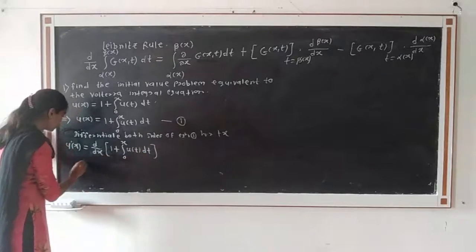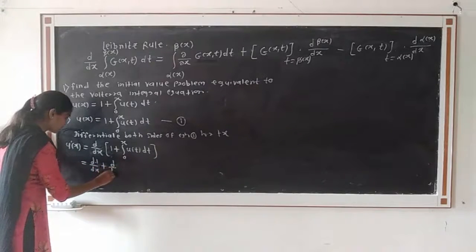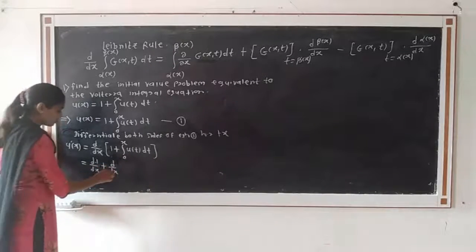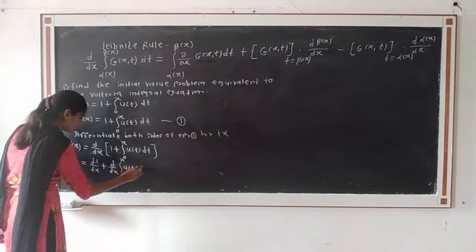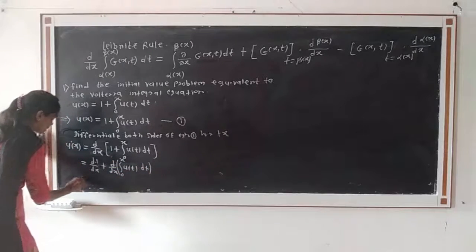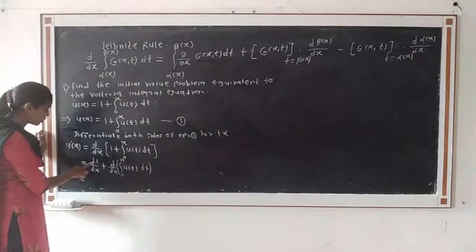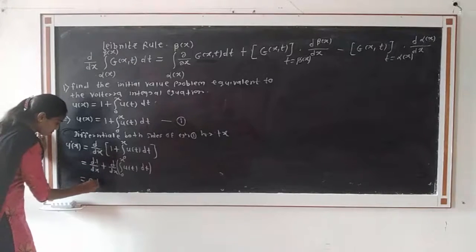Then we separate this differentiation, that is derivative of 1 with respect to x plus d by dx of this integral from 0 to x u of t dt, that is equal to derivative of 1 with respect to x is 0, that is 0 plus.